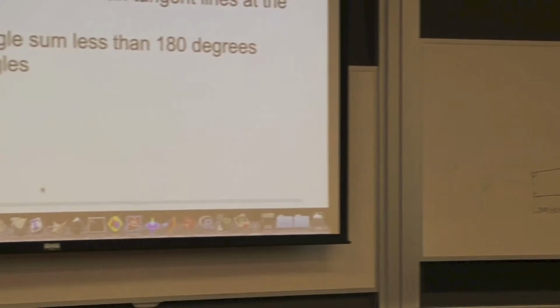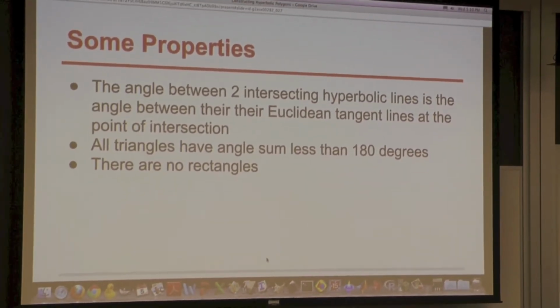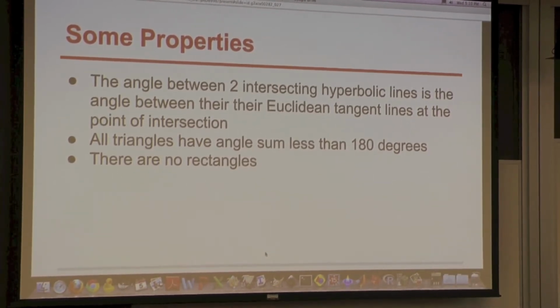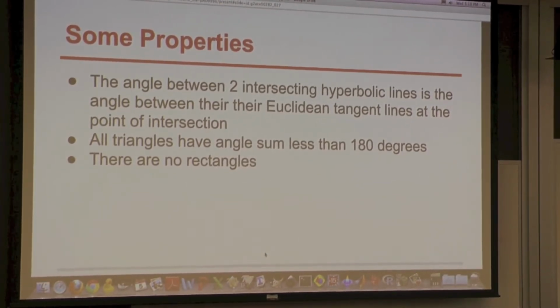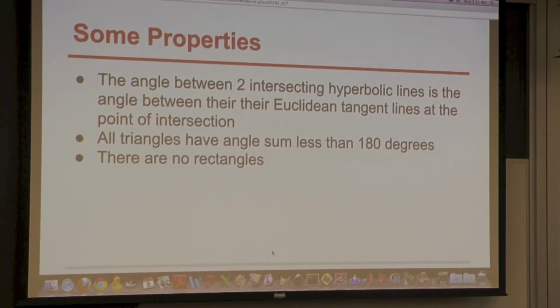Right, so here are some properties of hyperbolic geometry. The angle between two intersecting hyperbolic lines is the angle between the Euclidean tangent lines, that is, the Euclidean measure of the angle between the Euclidean tangent lines at the point of intersection.